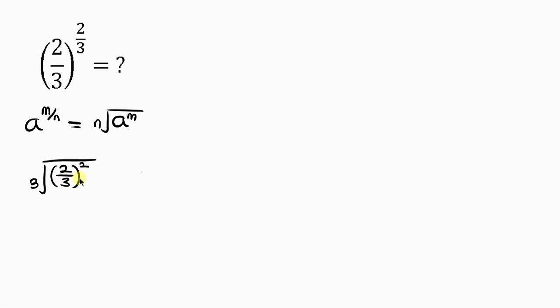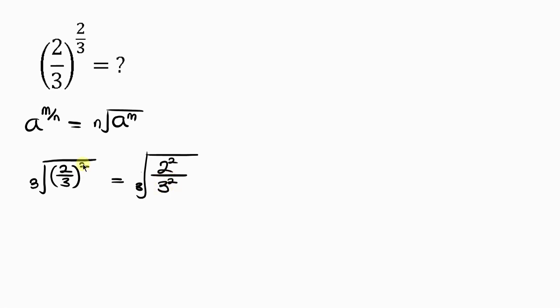Our next step will be for us to separate the powers, because this power of 2 here is affecting the numerator and is also affecting the denominator. So this can be written as the cube root of 2 squared all over 3 squared.